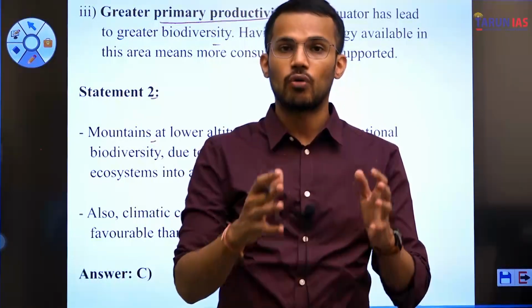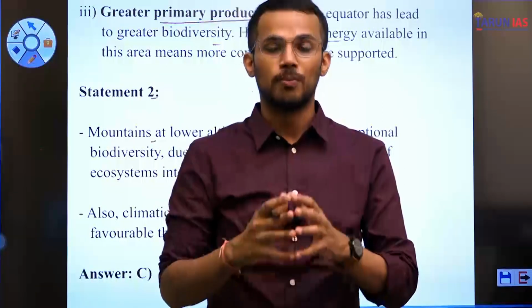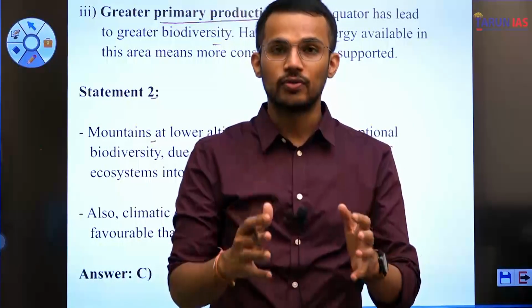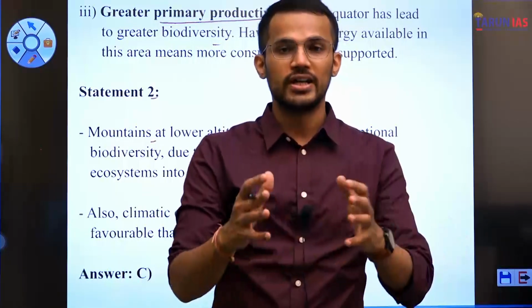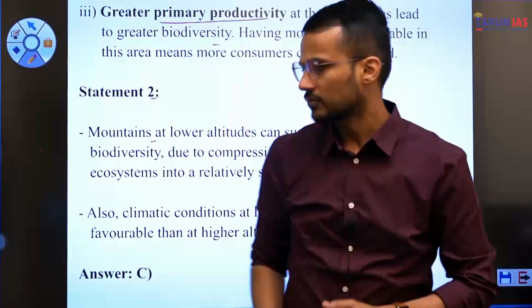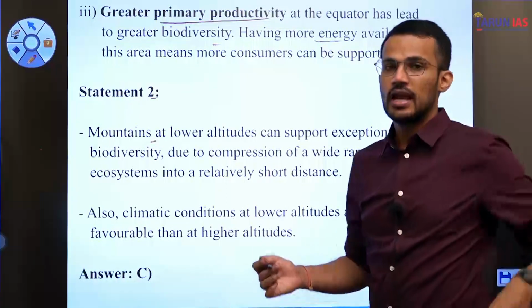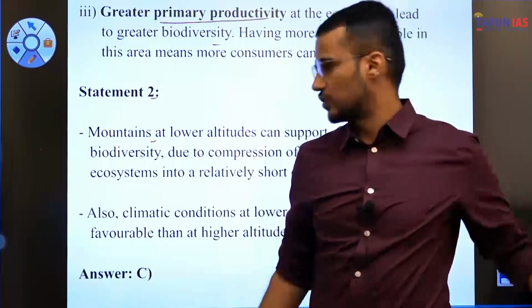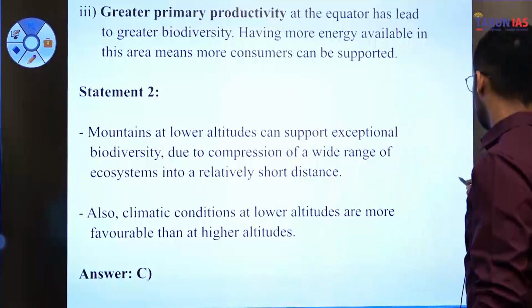As a result of all these factors, the top gradients of the mountain ecosystem have less biodiversity compared to the lower gradients. That's why both these statements are correct, and hence the answer to this question is C.